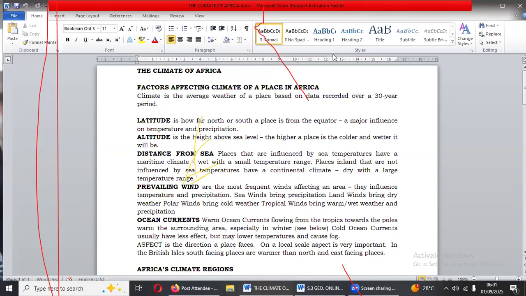I started by saying climate is the average weather of a place based on data recorded over a 30-year period. We start from 30 years and above. Then we are saying latitude. These are among the physical or natural factors that are influencing climate. One, we have latitude. This is how far north or south a place is from the equator, and I think this one was well explained by Sumaya.